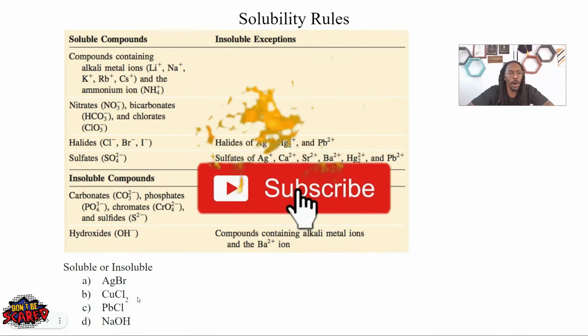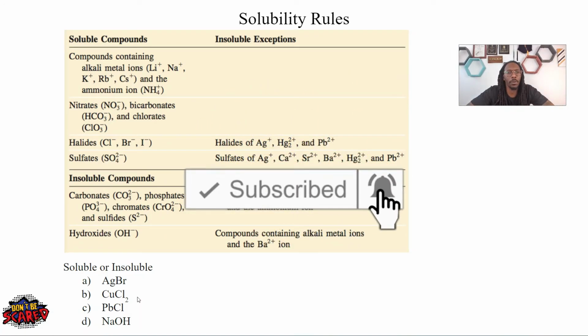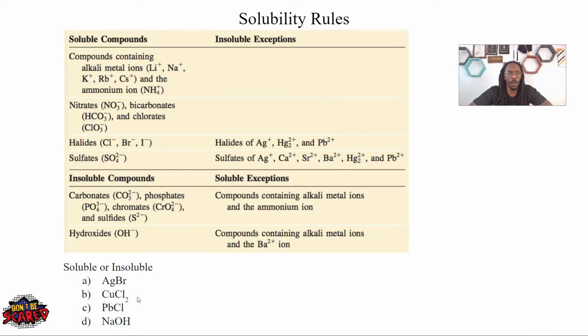So B, we have copper chloride here. Copper I know is a metal, and chlorine is a non-metal, so it's an ionic compound. Most of these are ionic compounds, in case you didn't know. Let's look at our rules. Chlorine is another halide, Cl.